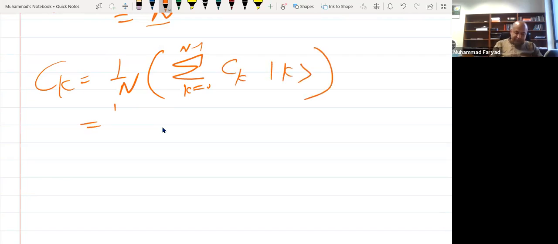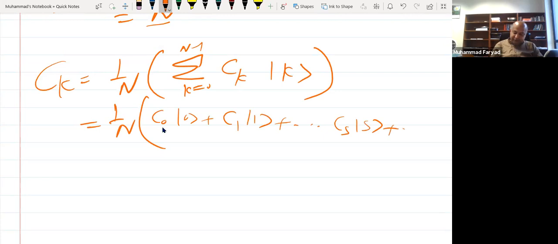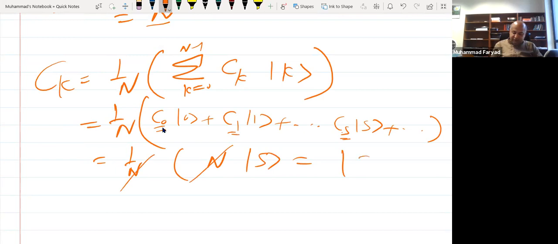Now we have seen that this is nothing but C_0 state 0, C_1 state 1, all the way to C_S state S, and then the rest. So this coefficient is 0, this is 0, all coefficients are 0, except when k was equal to S, this is equal to n. So we have 1 over n times n, the n cancels with n, and we have S.